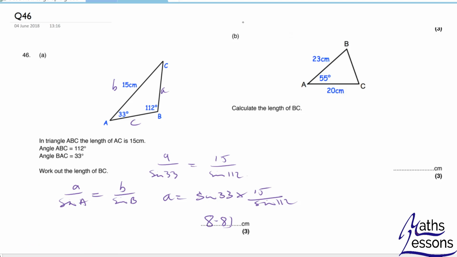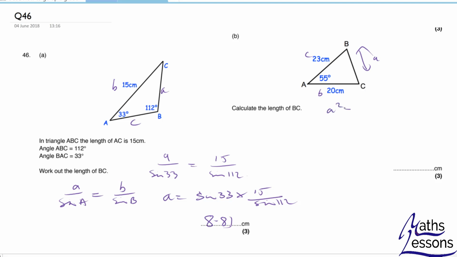So now let's look at this one. We want to calculate the length of BC here, and this one we don't have opposite pairs, so we're going to use the cosine rule. So let's make that equal to A, that equal to B, that equal to C. Always have the letters opposite each other. So the little b and little a and so on are always opposite the capital versions.